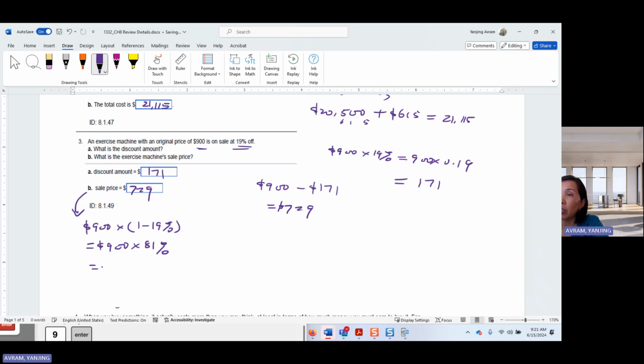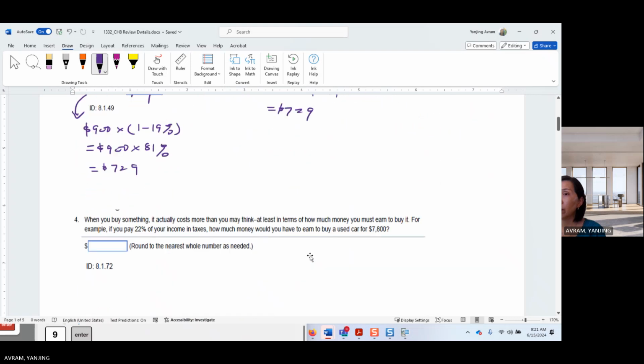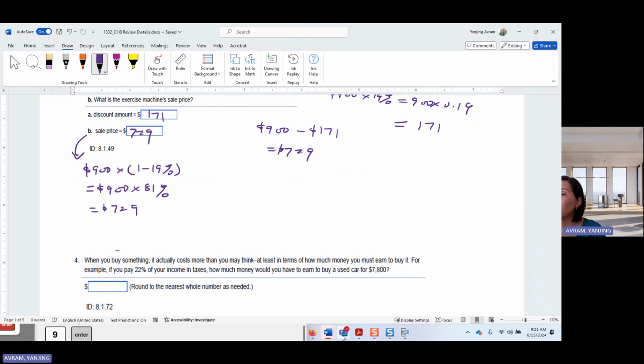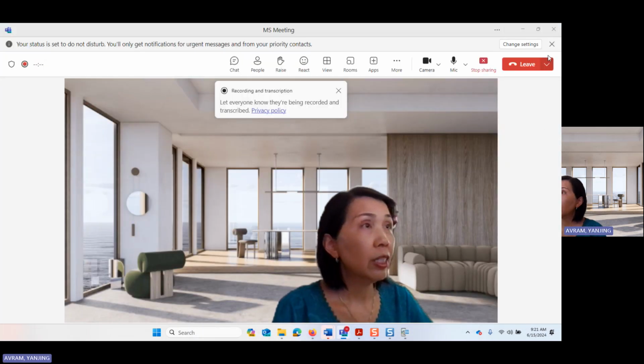Okay, I'll just pay 81% of the original amount, and that will give you 729 directly as well. Okay, so that is another way to do the same question. Let me know if you have any questions. All right, so those are all still section 8.1. Okay.